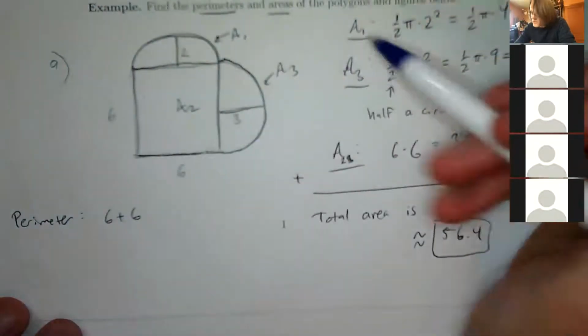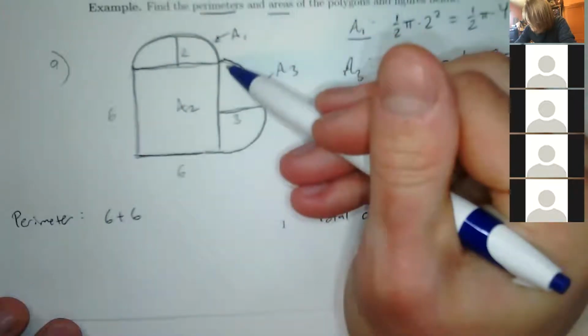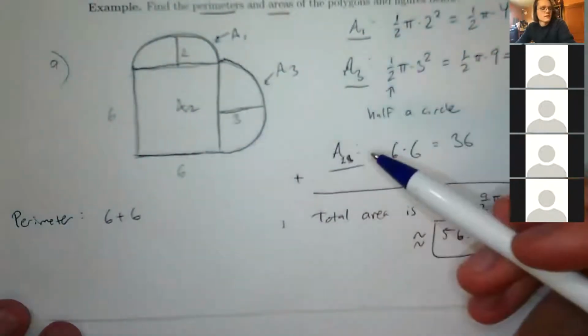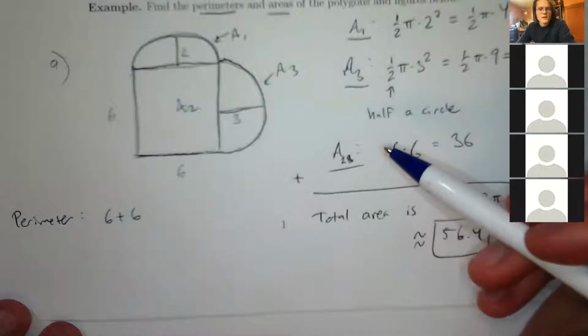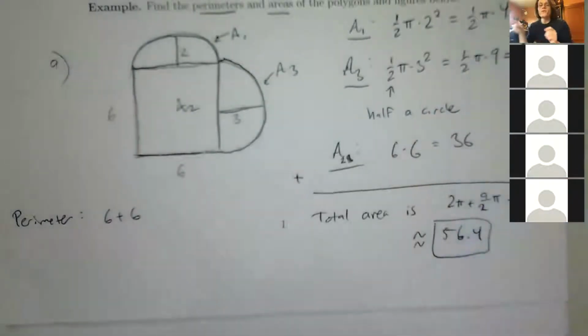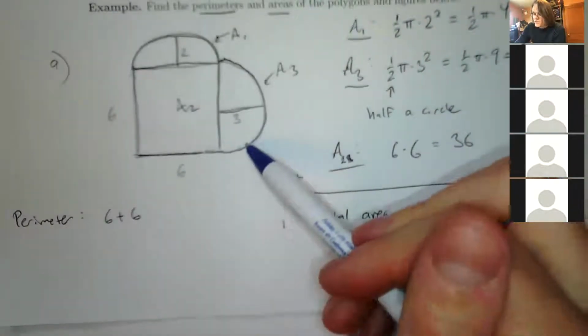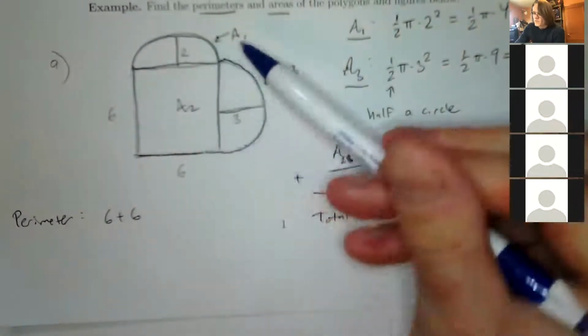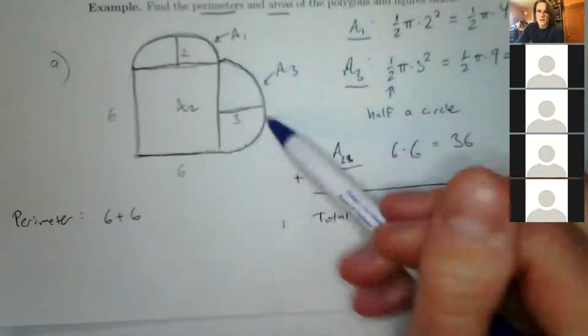And now the only question is, what is this half circle and this half circle in terms of a perimeter? And we know, we did this last class, right? The perimeter of a circle is called its circumference. So really what we want is half the circumference of this circle and half the circumference of this circle, because these are both half circles, right?